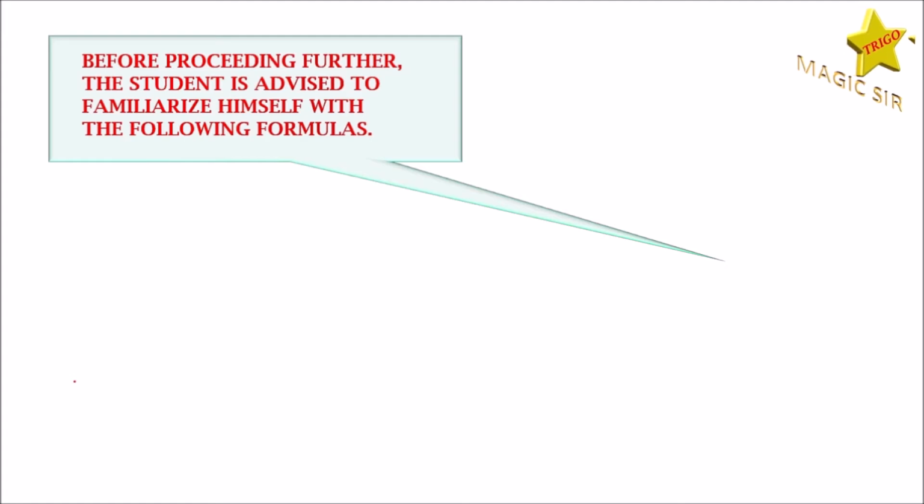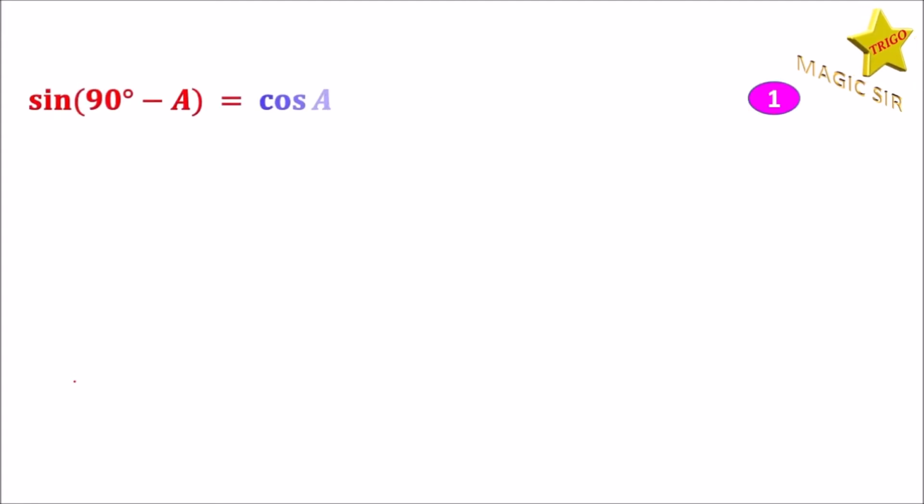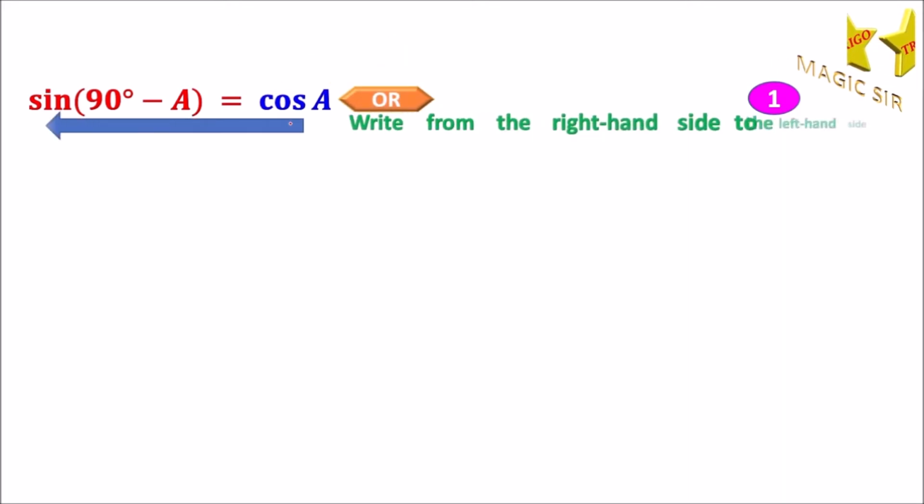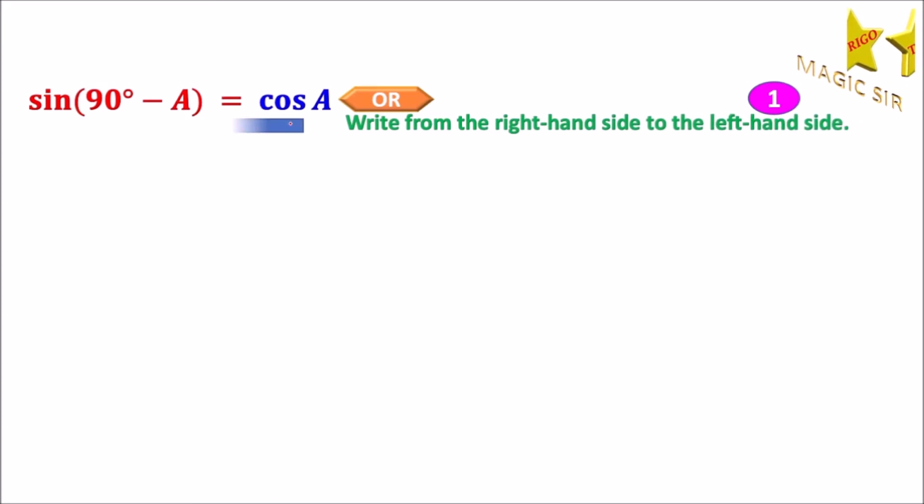Let us take first formula. Sin 90 degrees minus A is equal to cos A. Or we can write this formula from the right hand side to the left hand side. See the animation.